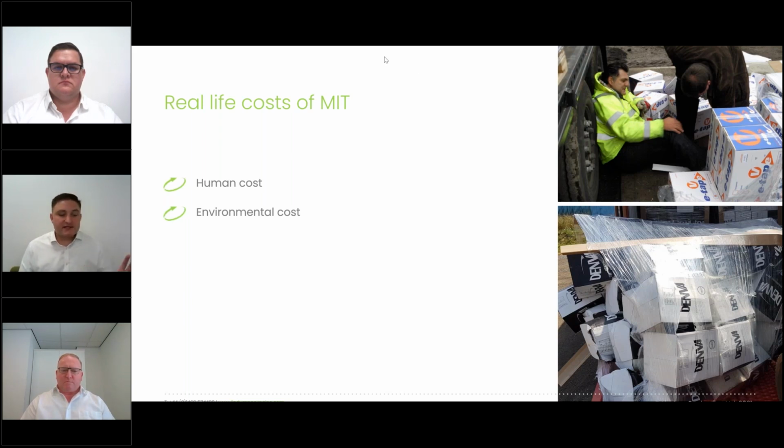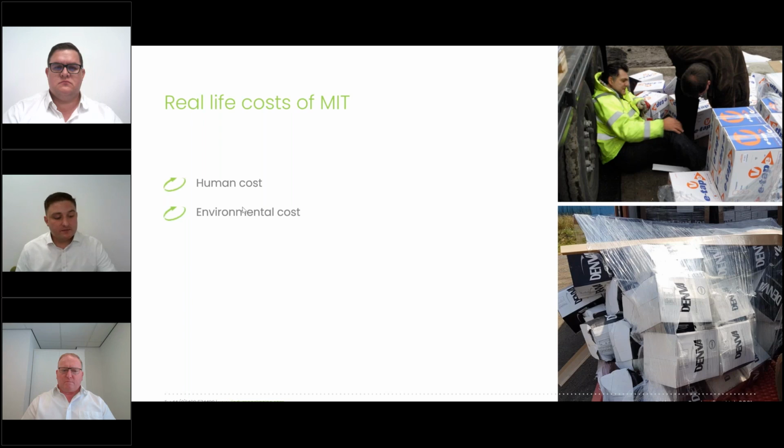And this is such a classic example of how an effort to solve an MIT issue was actually completely unsustainable. And it really, to me, begs the question, how many other companies are there out there that are currently working around MIT issues at the expense of the environment?